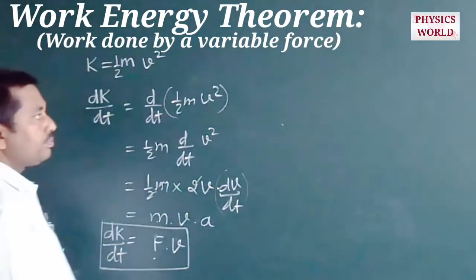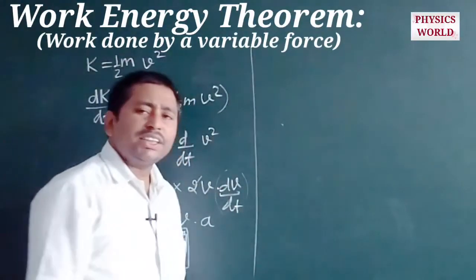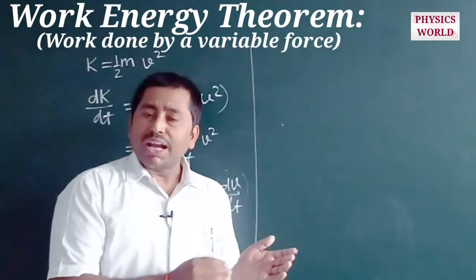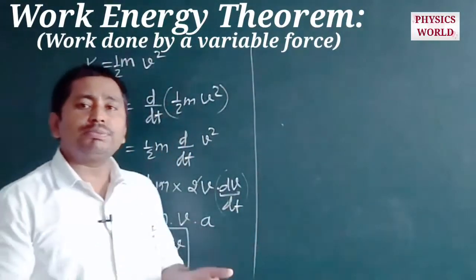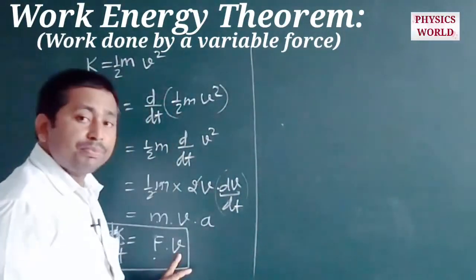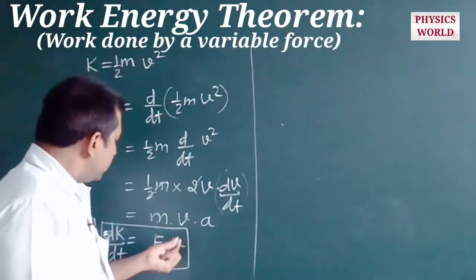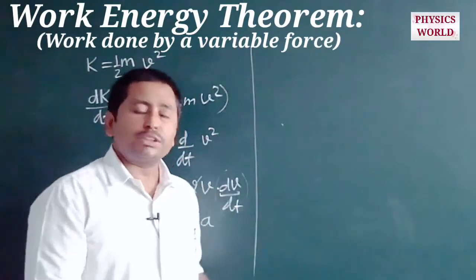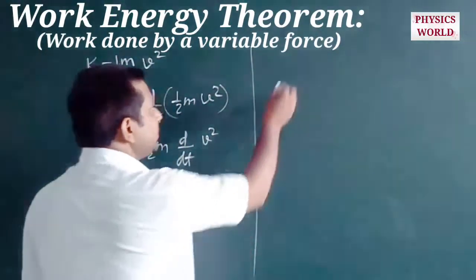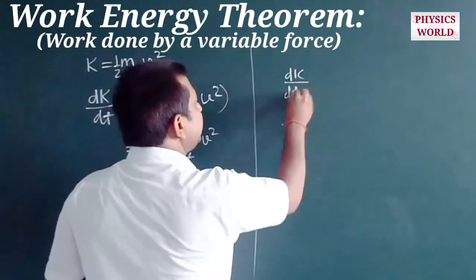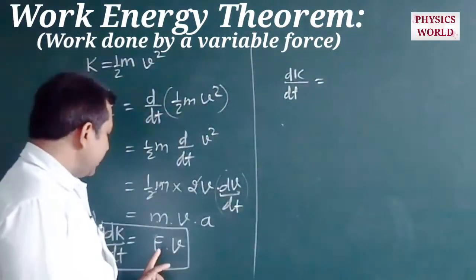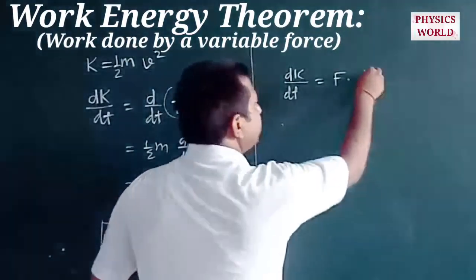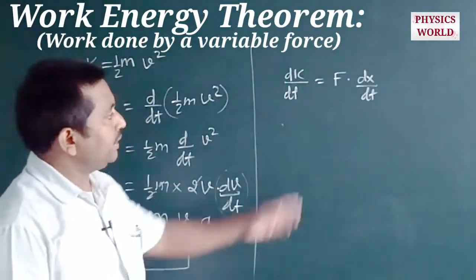Now, as we know that the velocity of any object during motion changes, and this velocity is also a function of the time and the displacement, this velocity can be further expressed as dx by dt. So dK by dt is further rewritten as F dot dx by dt, which is the rate of change of displacement.